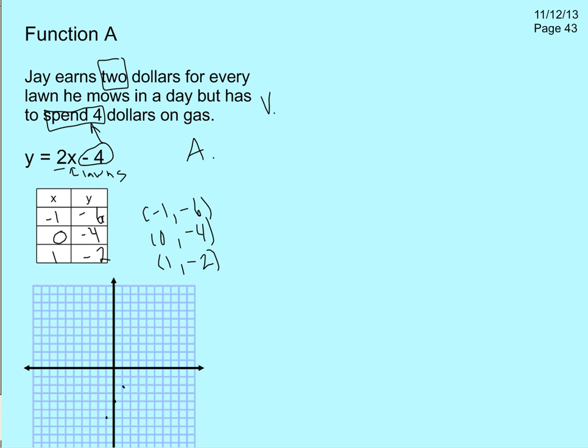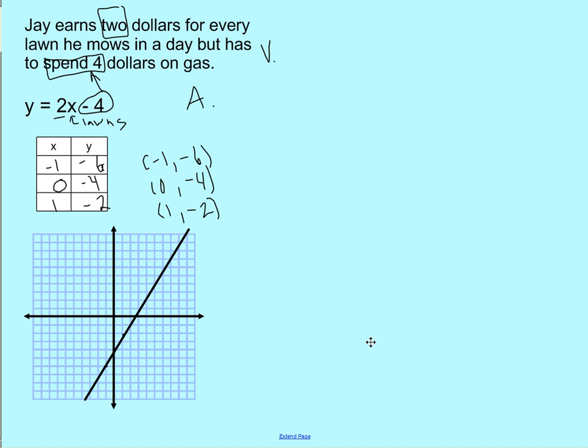So when we connect these dots in a line, let me just adjust that a little bit. There you go. You can see what the graph of this function looks like, and there's some really interesting things you can find from the graph of this function.